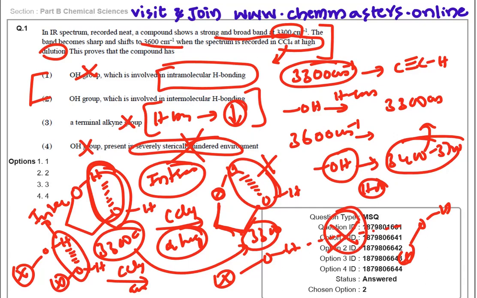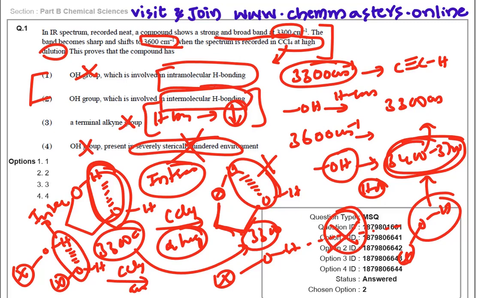Whenever hydrogen bonds are absent, the OH functional group will be free and will show its IR stretching frequency in the range of 3400 to 3700. So here, 3600. The increase in IR stretching frequency of that OH at high dilution is due to intermolecular hydrogen bonding, which is cleaved at high dilution.